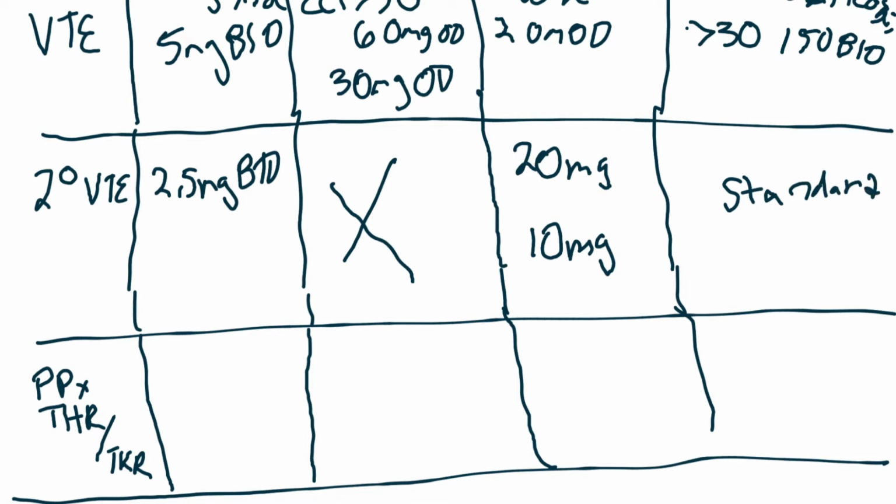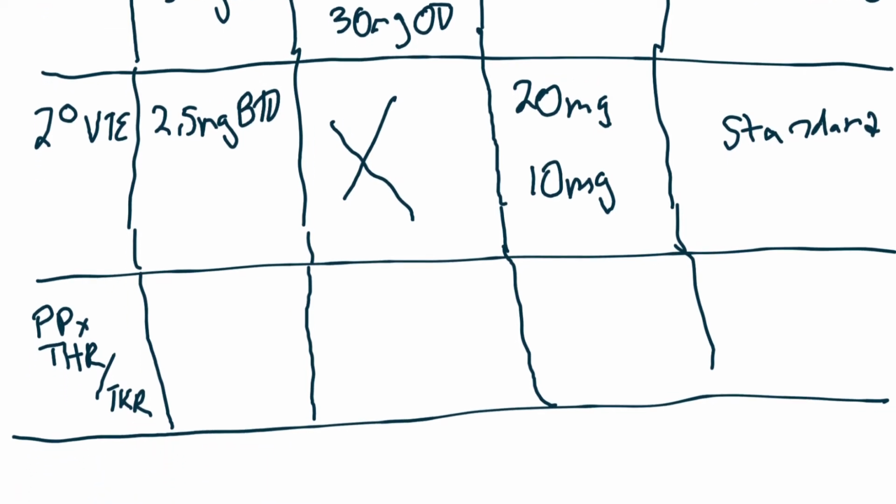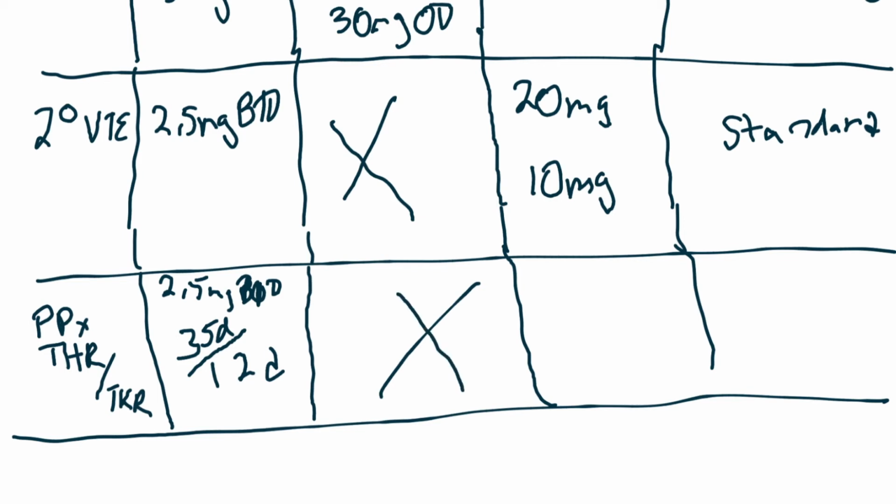For total hip replacement and total knee replacement, both approved for apixaban, so we use 2.5 milligrams BID. For the total hip replacement, you actually do 35 days of that. For the total knee replacement, you do 12 days of that. For edoxaban, not approved for total hip and total knee replacement.